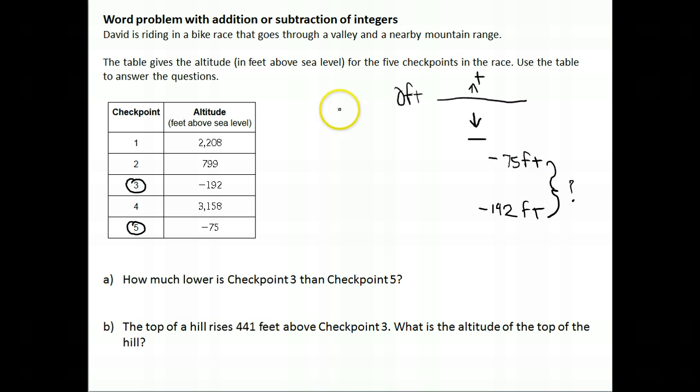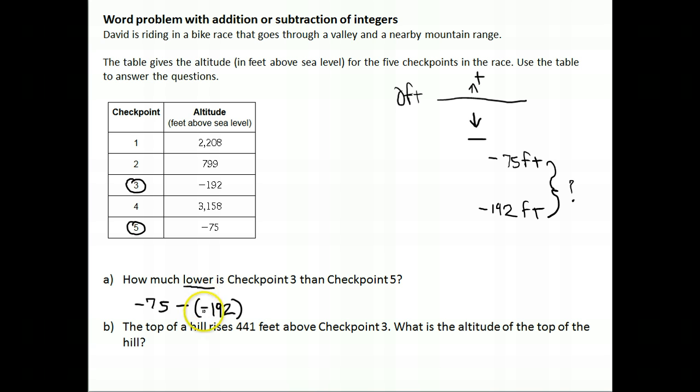And to do that, we're going to subtract. That's a key word there that says lower. Lower, smaller than, or how much smaller than. When you see a problem like this, it's going to tell you to subtract. So we're going to do negative 75 minus negative 192.